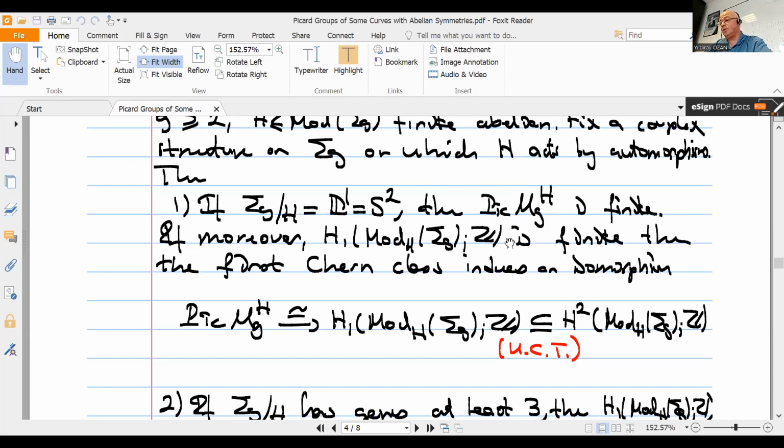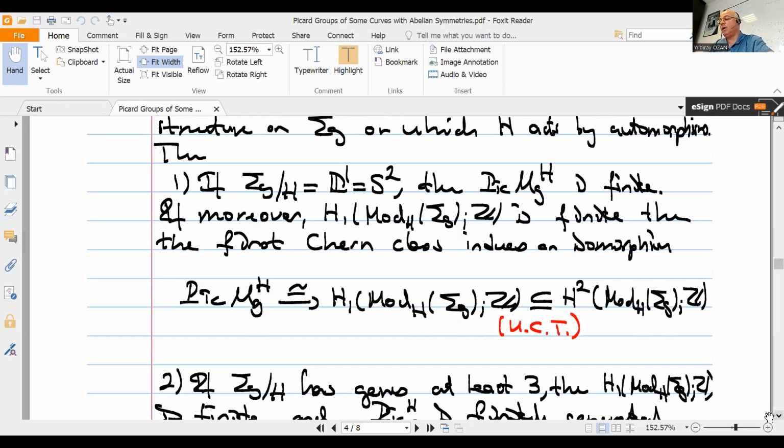And moreover, this finite Picard group is isomorphic to the first homology of the mapping class group. The first homology of the mapping class group is nothing but the abelianization of this group, right? If you have a group, its first homology is just the abelianization of that group. And here this isomorphism is given by the Chern class map.